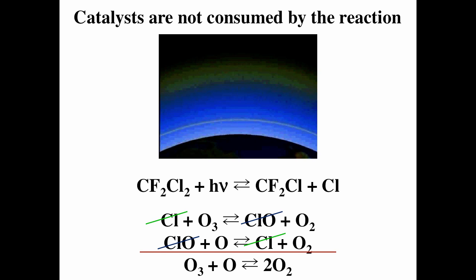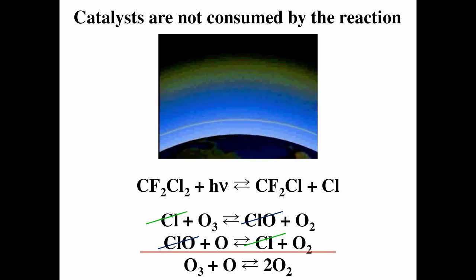Now, this was actually seen as a problem, and so most countries agreed to stop producing chlorofluorocarbons because it was depleting the ozone layer, and the ozone layer is what protects us from ultraviolet radiation. But this was a catalyzed reaction. The problem is the chlorine atoms can destroy tens of thousands of ozone molecules.